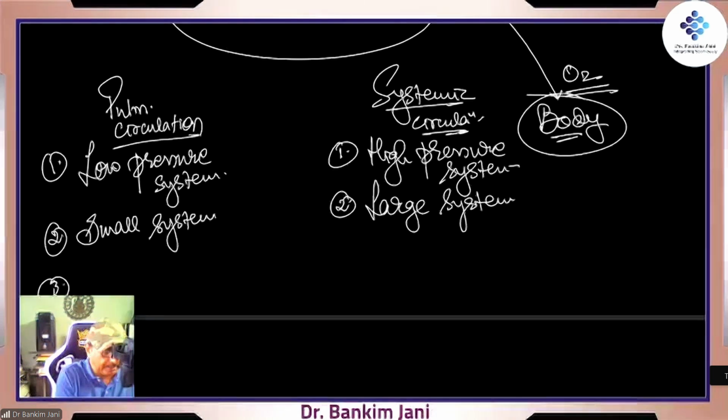The third important thing is that when we talk about the blood which is circulating, this is about hemodynamics. Hemodynamics is one topic that if you master it, then the respiratory system, cardiac system, the entire vascular system will become very easy.